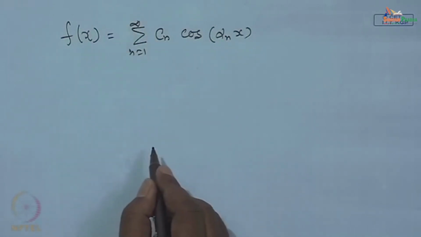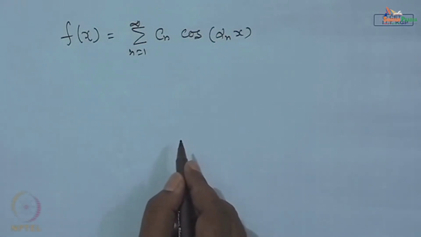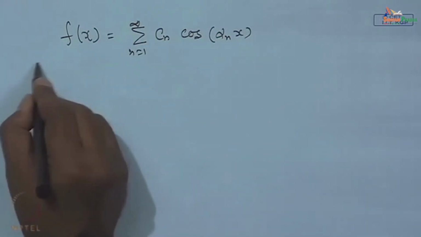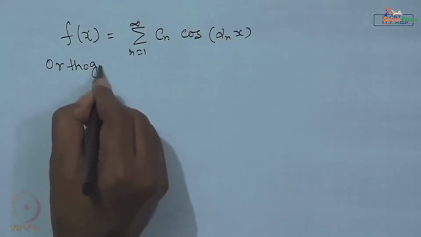Again the eigenfunctions are orthogonal to each other for a Sturm-Liouville problem, and we have already proved it earlier. Therefore, the orthogonal properties of cosine functions we can use.